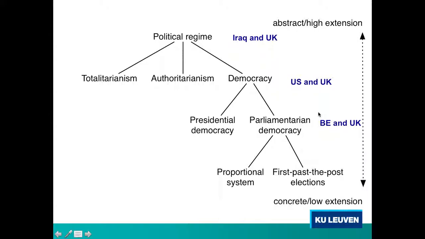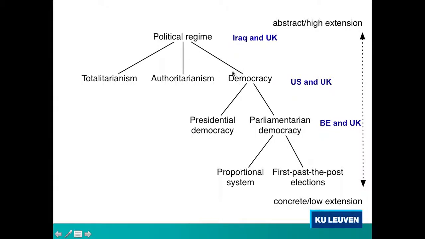Let's suppose now you are going one step further, one step lower in the abstraction chain. You are now comparing Belgium and UK. Both have a political regime. So of course you could analyze these at this level, but this part of the typology won't be useful for you.